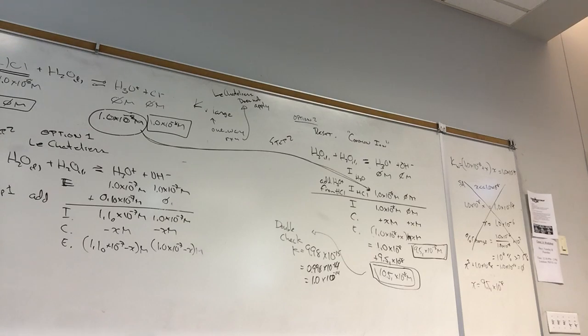This is the Le Chatelier's calculation, chapter 15. Number 40 is a system at equilibrium, and then you perturb it by changing the volume, which changes all the concentrations. The easiest thing to do for this is to reset it.